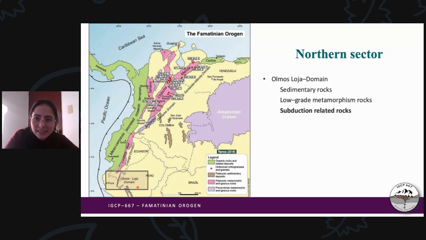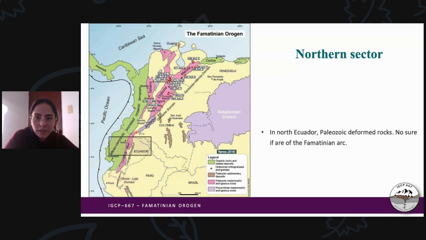This domain is thought to be formed during a subduction zone. To the north of Ecuador, in the Cordillera Real, some highly deformed Paleozoic rocks have been identified. However, it is still uncertain if there are remains of the Famatinian orogen, which means that more studies should be done in this section.